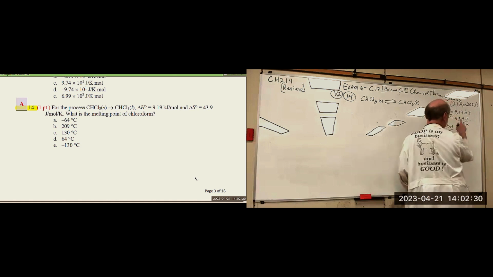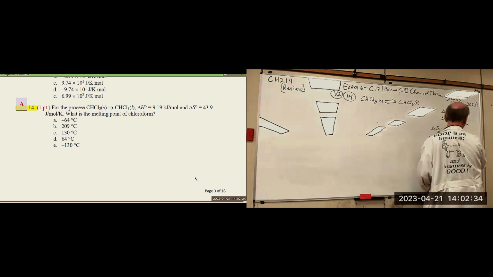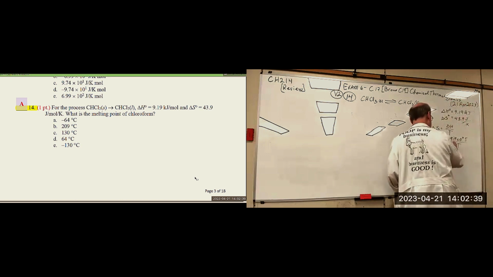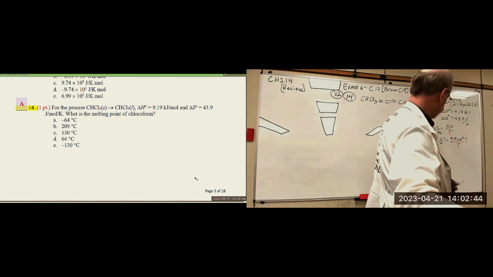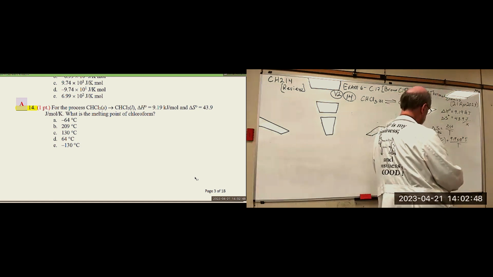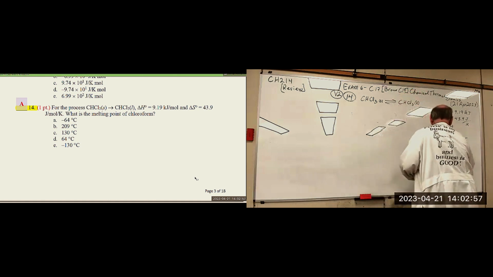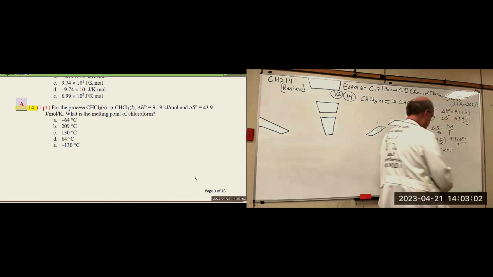Delta H, we need to convert to joules: 9.19 times 10 to the third joules divided by temperature. So temperature is going to be this number divided by that number. Yeah, 209 K equals the melting point.